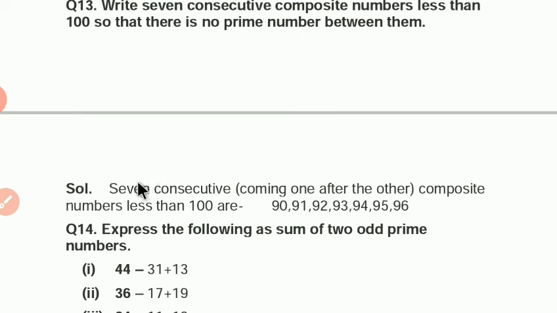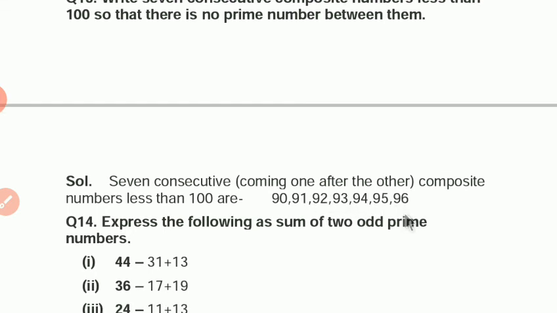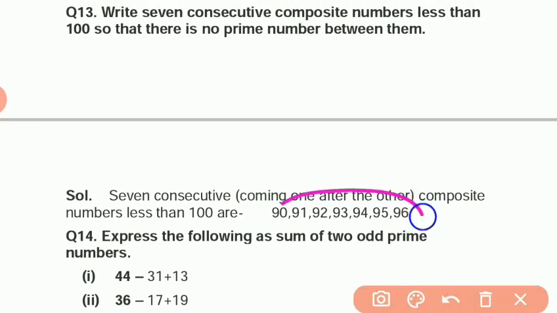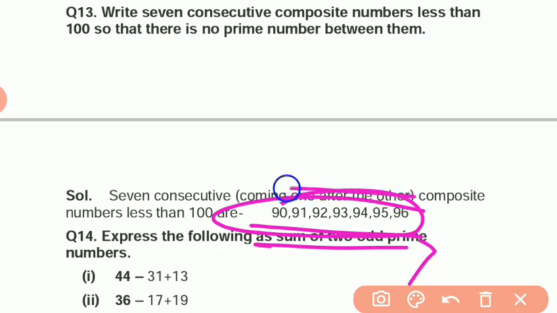And it should be less than 100. So which are the numbers? Only 7 consecutive numbers coming one after the other. The composite numbers less than 100 are 90, 91, 92, 93, 94, 95 and 96. So you can see 90 to 96. These are the 7 consecutive numbers, one after the other, which are composite.